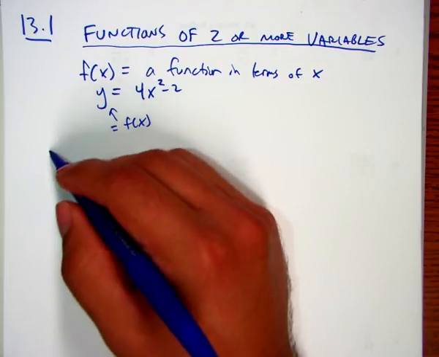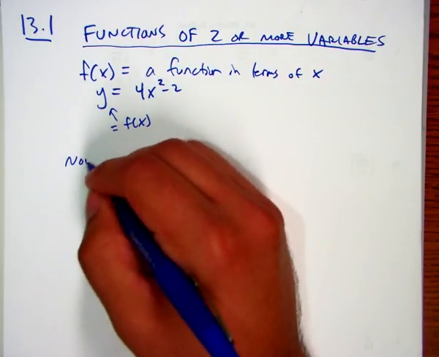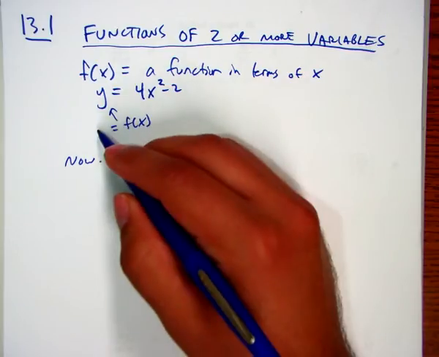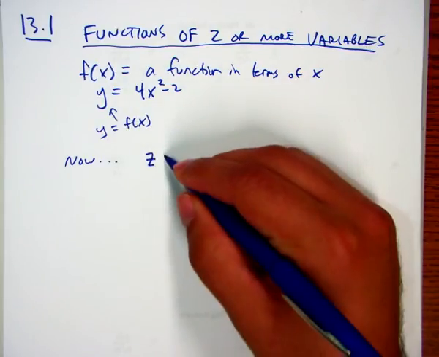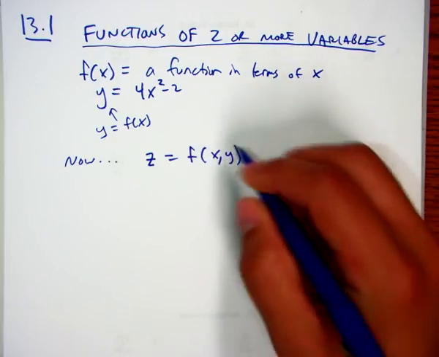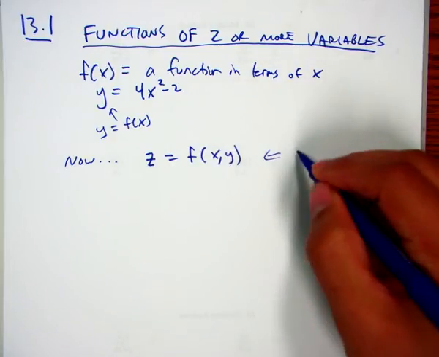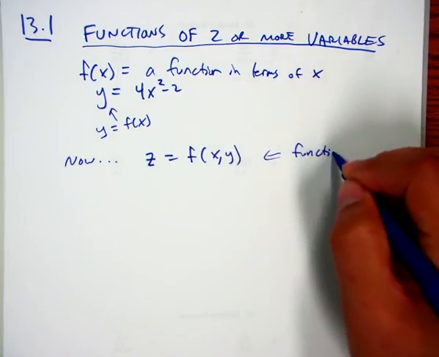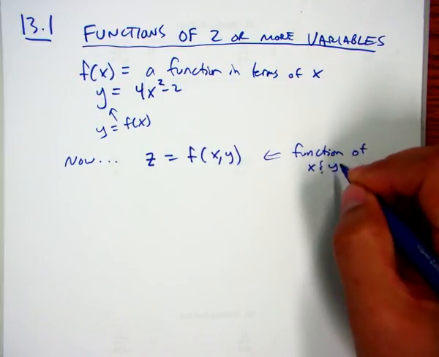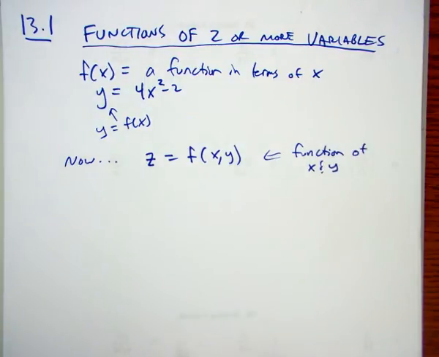In Calc 3, instead of y equals f of x, we're going to have z equals f of x comma y, which is now a function of two variables. Okay, you've seen these functions before.